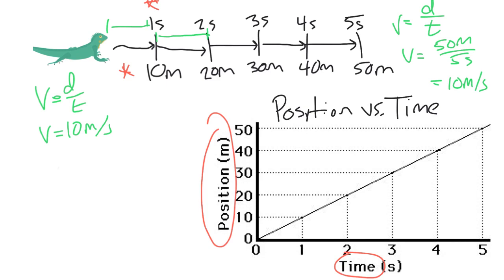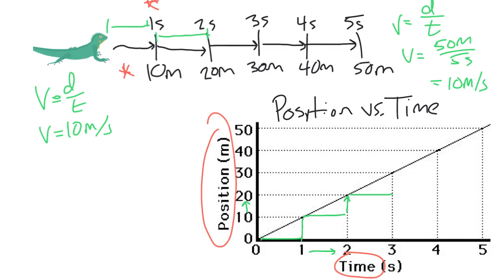I can also see the same trend on my graph. So if I look at how far he's traveling and how long it's taking him to get there, I can go, he traveled 1 second and he made it 10 meters in this first increment. Now, after 1 more second, as I'm moving across my x-axis, going from 1 to 2, he moved another 10 meters. My position is increasing by 10. And this is going to continue all the way across here.